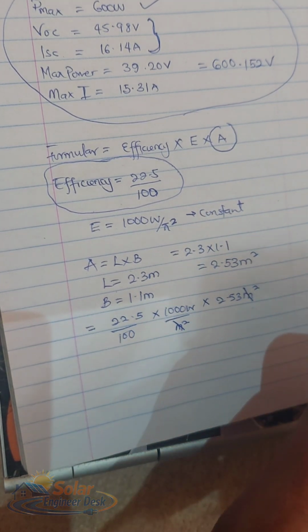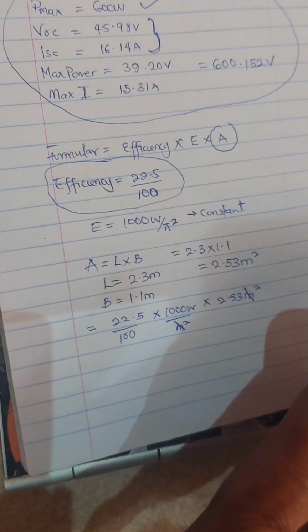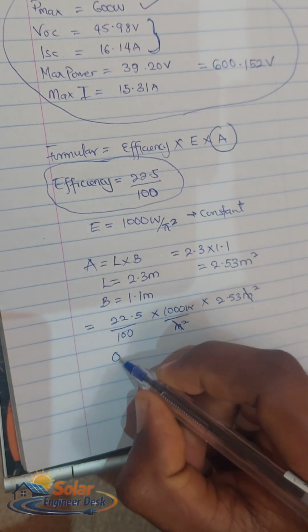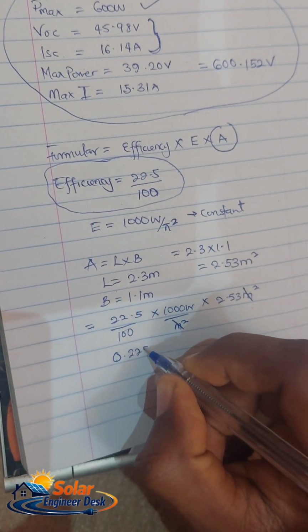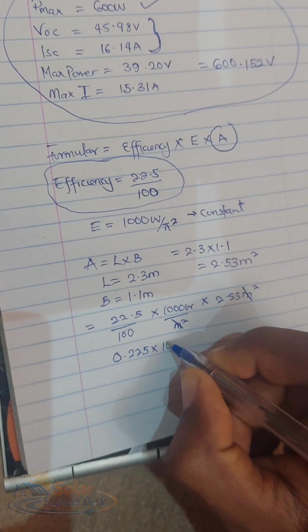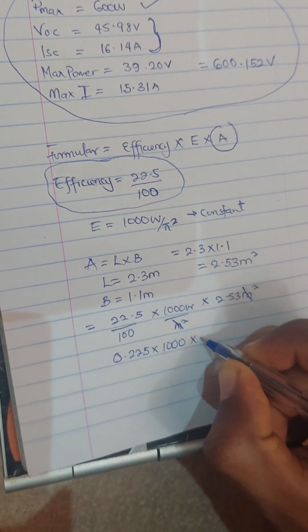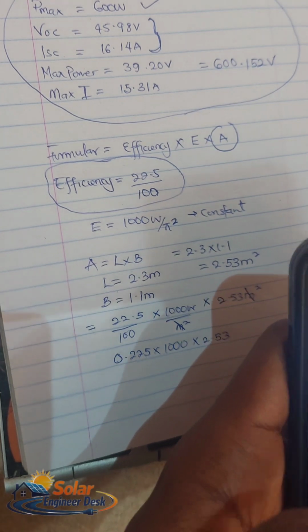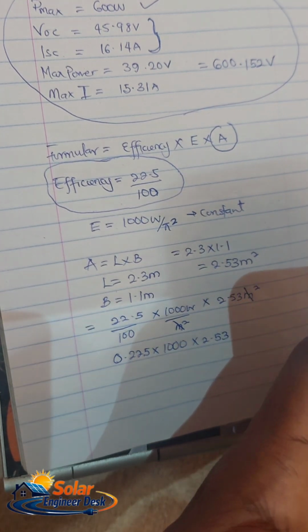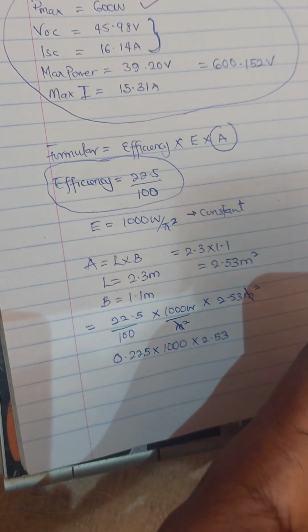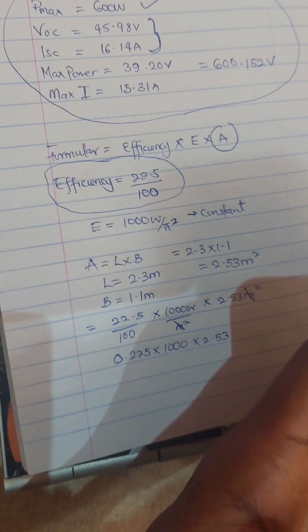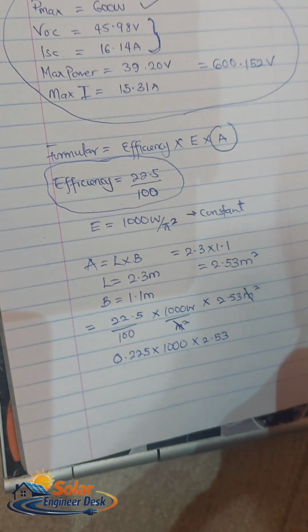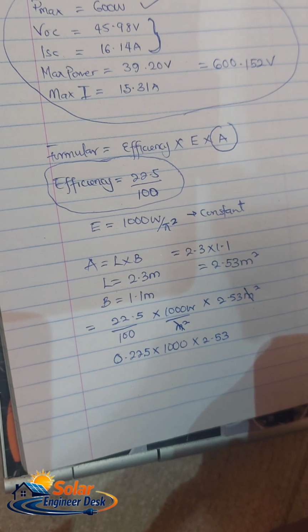To make it easier, 22.5 divided by 100 gives us 0.225, times 1000, multiplied by 2.53.